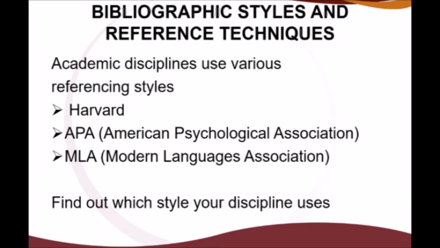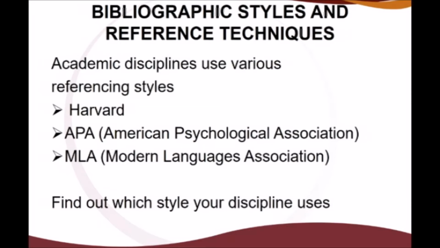So you must just make sure from your department or from your lecturers from the beginning which is the appropriate style to use. And in languages, most people are using what we call MLA, which is the Modern Languages Association. It also has its own different editions.